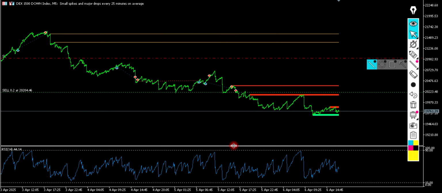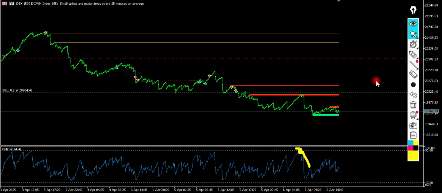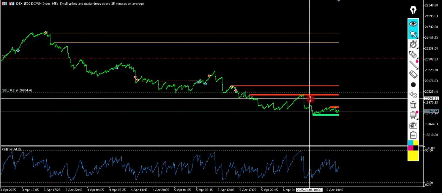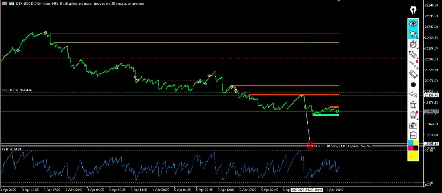Right here, guys, as we can see, every time the price on the RSI got to here, a dip occurred. If we line this up and grab the crosshair tool, we can see that price dipped once it got to this point right here.